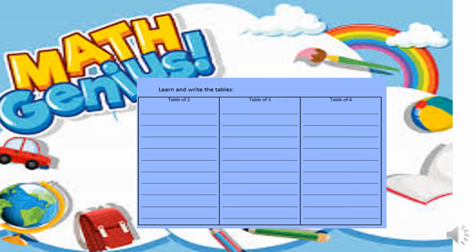And in this video I'm telling you that you have to learn and write the tables. You will start from 2. You have done 2, 3, 4 and 5 in your class 1, but just for revision you will start from table of 2. So write and learn table of 2 or 2 times table, 3 times table, 4 times table.